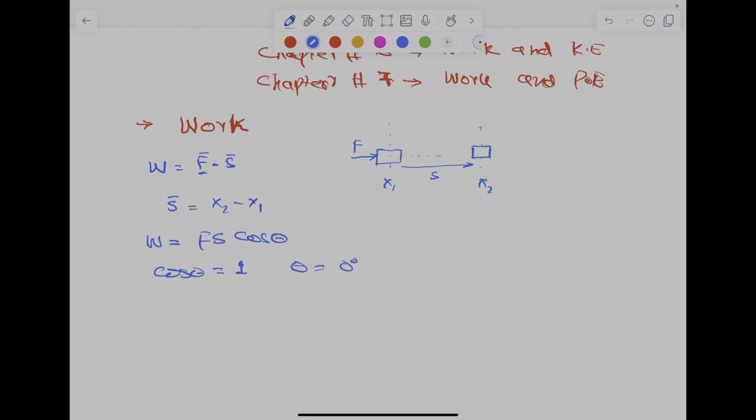It means when force and displacement are parallel to each other, they have the same angle. The distance is covered in this direction, and the force is applied in the same direction. Then we have the maximum work, or positive work.